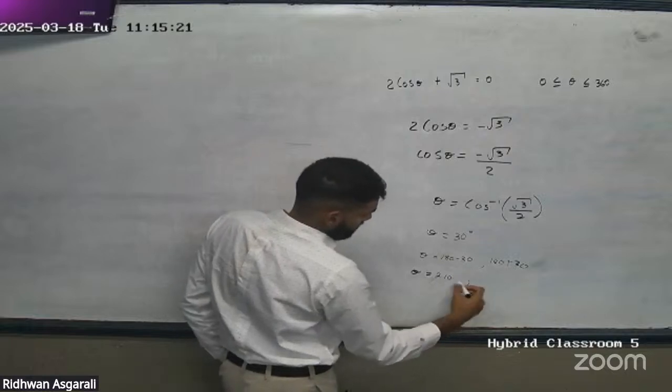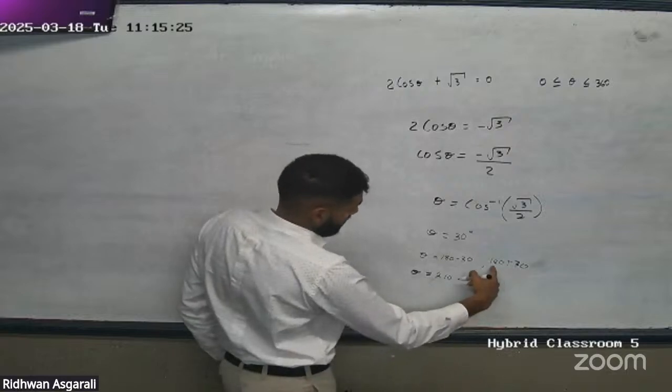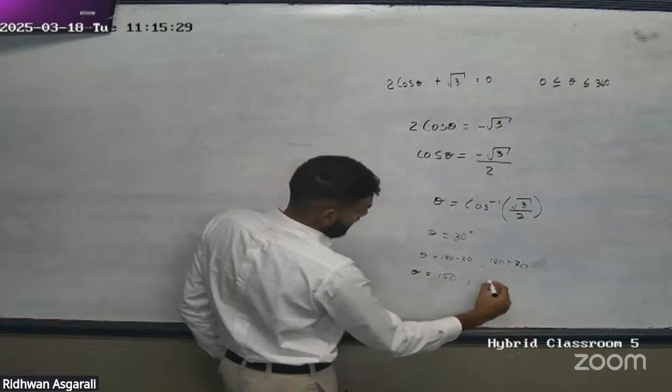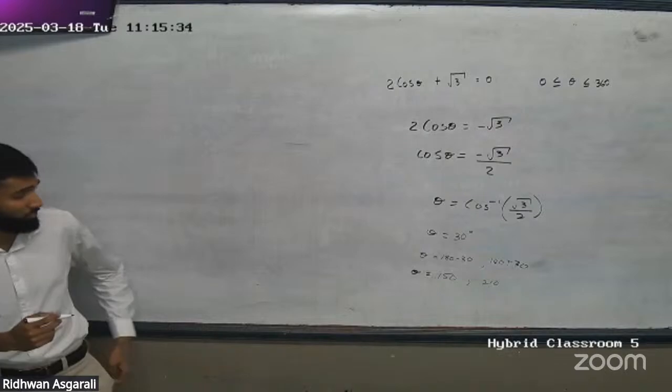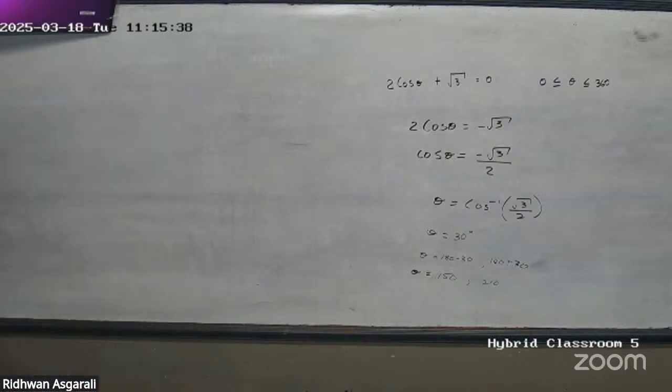Why plus? That's not the answer. Sorry, 180 minus 30. So 150 and 210. Each quadrant has its own sign.